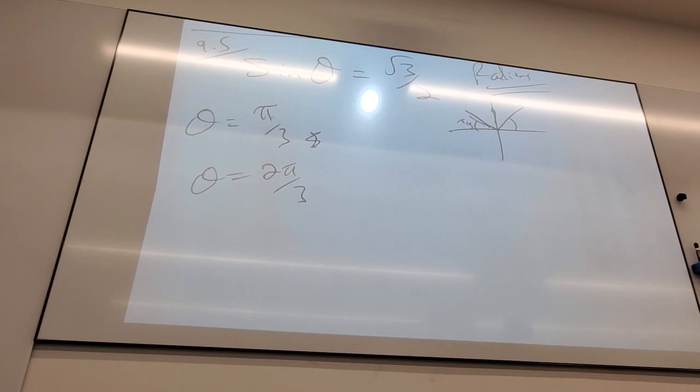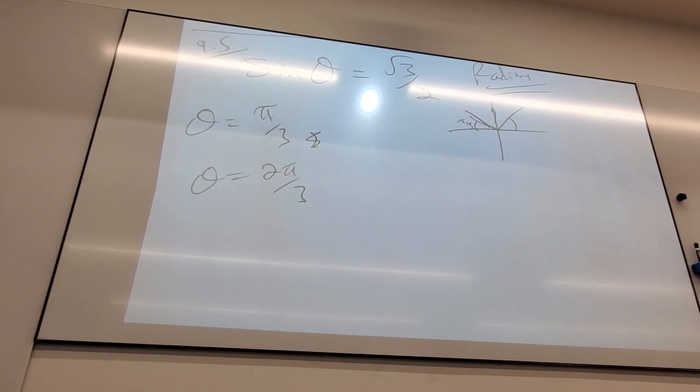Can somebody tell me now why that's not all the answers? How far does sine go? Forever. It just keeps repeating the same stuff over and over. So how many angles make sine root 3 over 2?